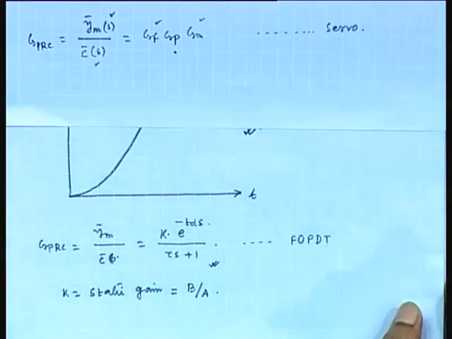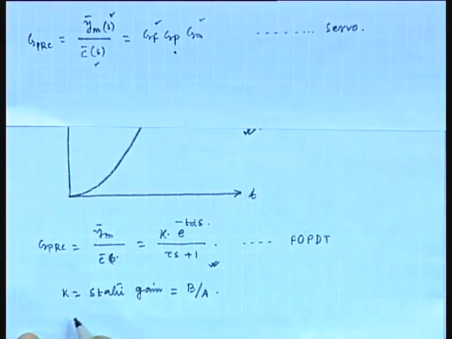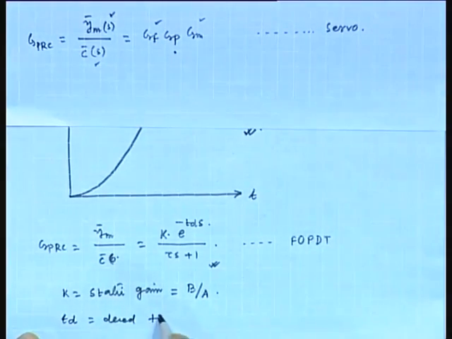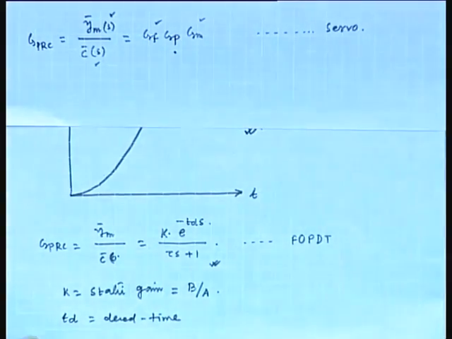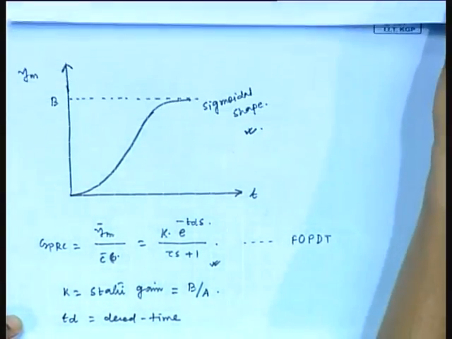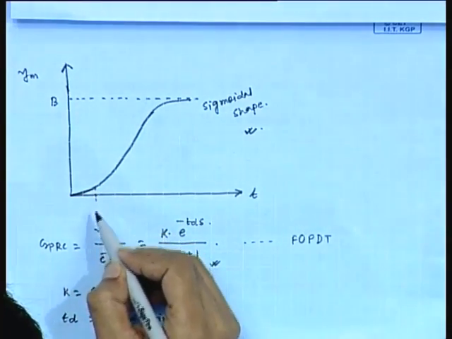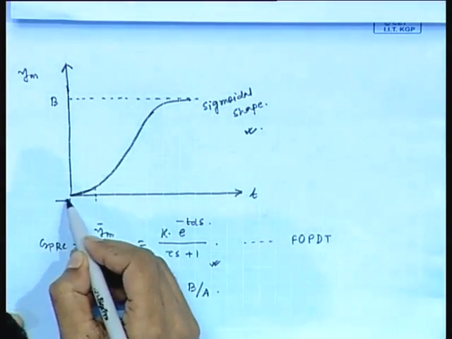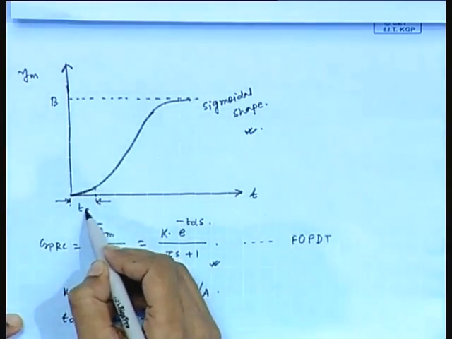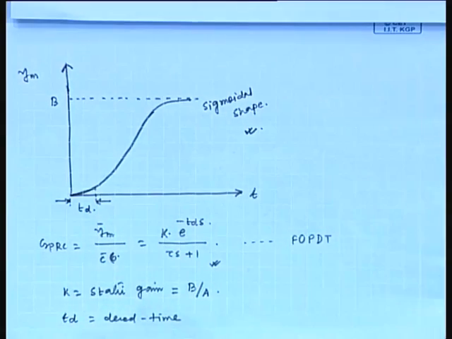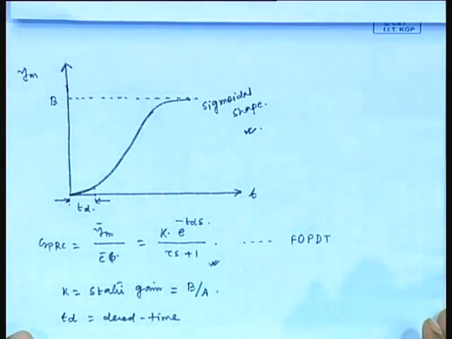Next one is the Td. Td is dead time. Dead time value we can obtain from this plot. This is the dead time.